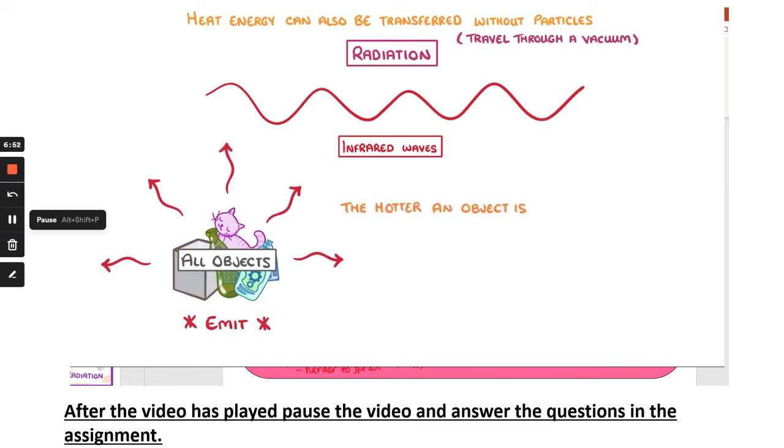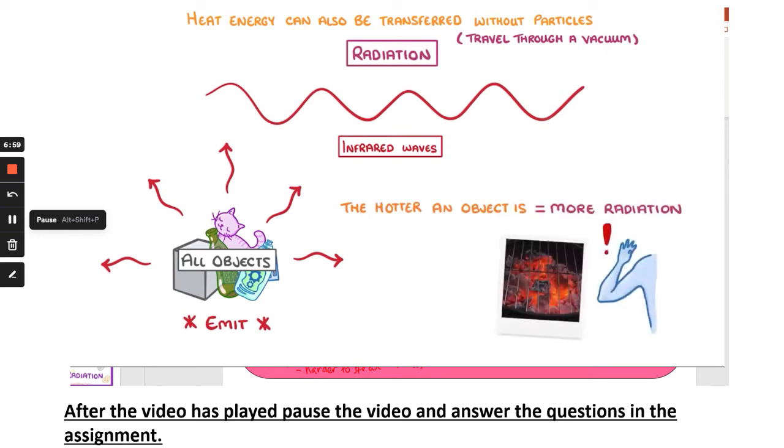Importantly, the hotter the object is, the more radiation it emits. This is why it feels hot to put your hand over a barbecue, even if you're not touching it. The very hot metal and coal is emitting infrared radiation, which is absorbed by your hand. We'll take a closer look at infrared radiation when we cover the electromagnetic spectrum.